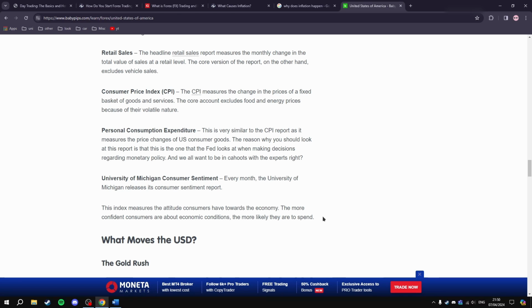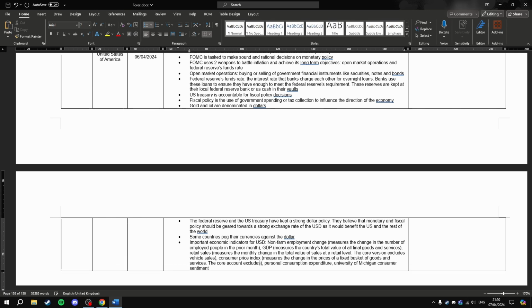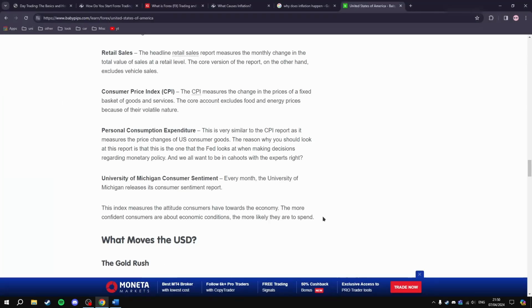The core count excludes food and energy prices because of their volatile nature. So for example, in that basket, the core count excludes food and energy prices.